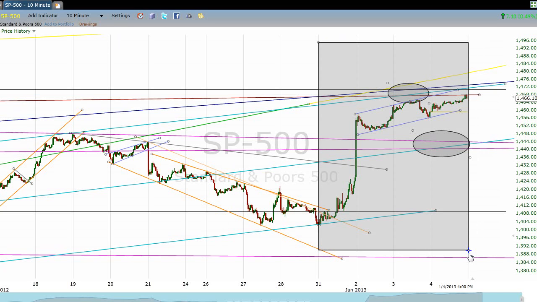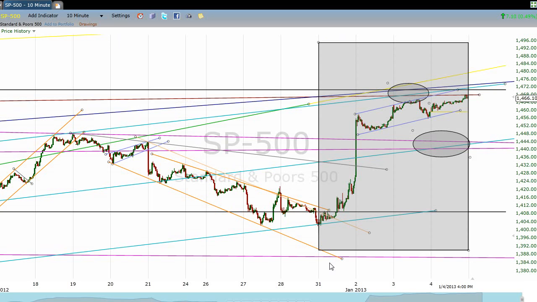Now, what worked well and what didn't work at all? Well, the first thing that worked well was the fact that we had been watching this descending channel for roughly 6 days or so, with the idea that when that channel breaks to the upside, that should mean the end of this downward leg.